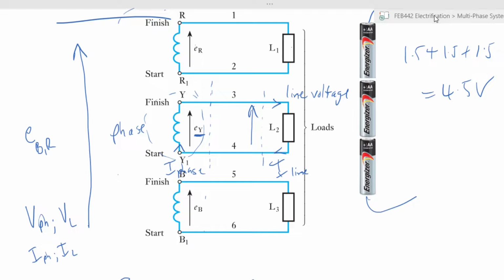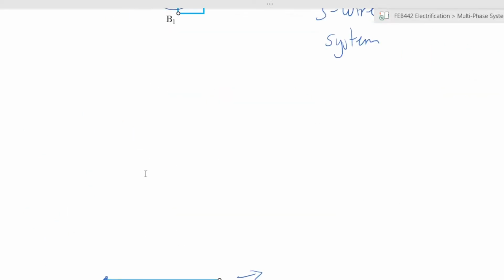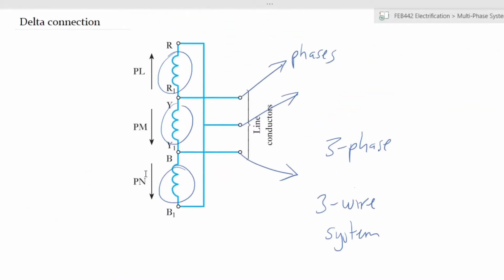Going back to our delta connection, you will notice that your phase voltages, which are these ones, phase voltages here, are the same voltages that the load will see. So in the case of delta, phase voltage is equal to line voltage, right?